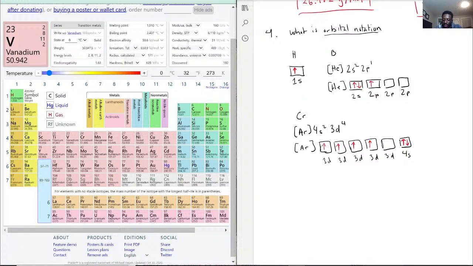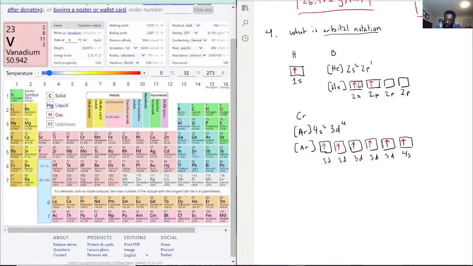This 4s here is actually full, but this 3d is not. For stability's sake, surprisingly enough, chromium would rather move one electron from the 4s into the 3d, so that it becomes more balanced overall as an element. So it would actually be like this.